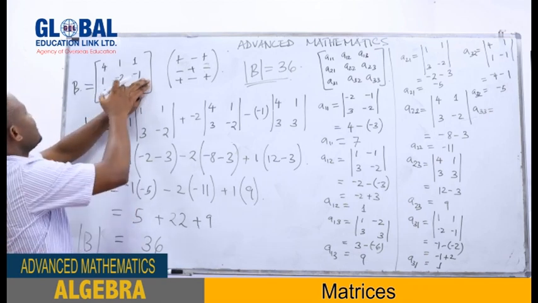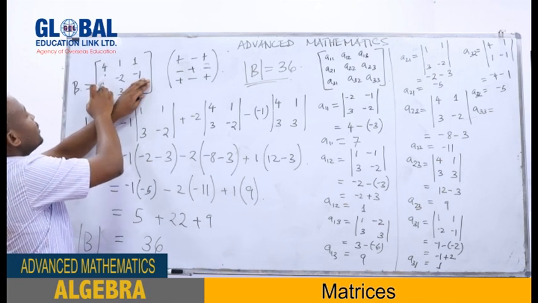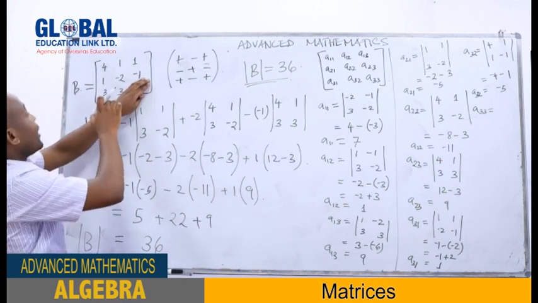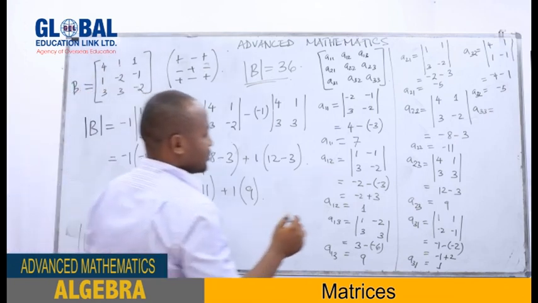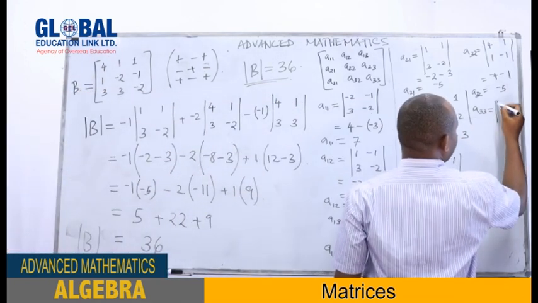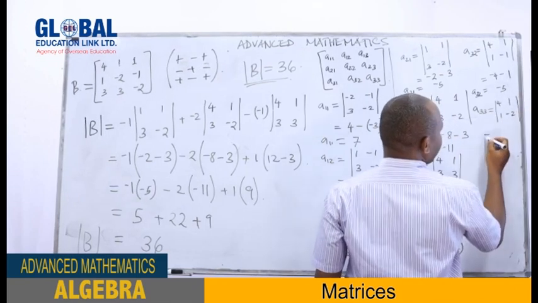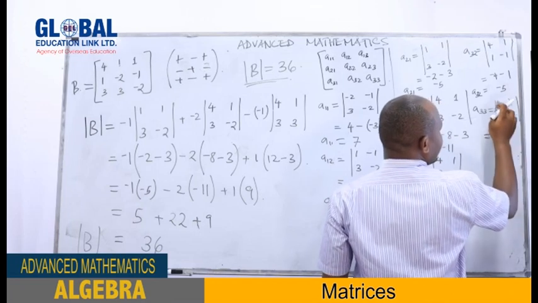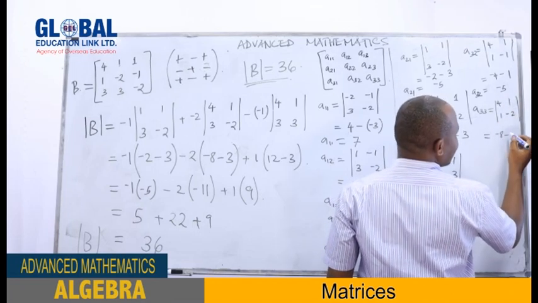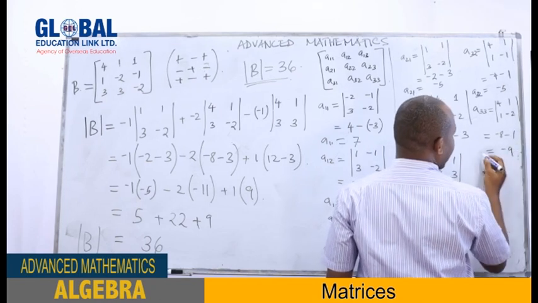We are there. That means 4, 1, 1, negative 2. So 4 times negative 2 is negative 8 minus 1, which equals negative 9.